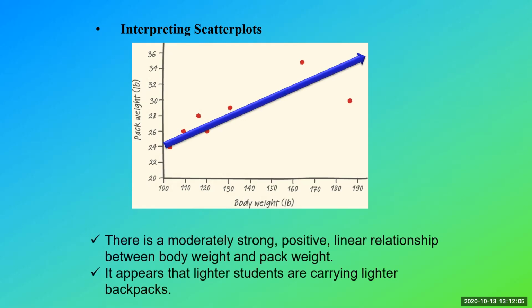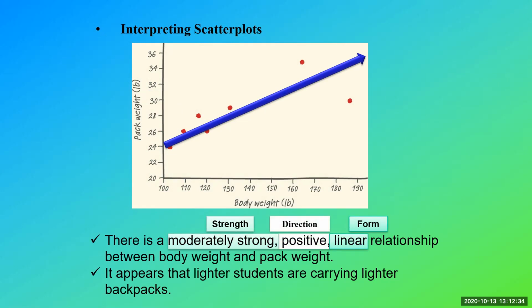Okay, so there is a moderately strong, the points are pretty close to the line, not too far apart, but not exactly on the line, so moderately strong. It's positive. If we were to find the equation of that line, it would be a positive slope, and it is linear. It does create a linear pattern. So there is a moderately strong, positive linear relationship between our X body weight and Y our pack weight.